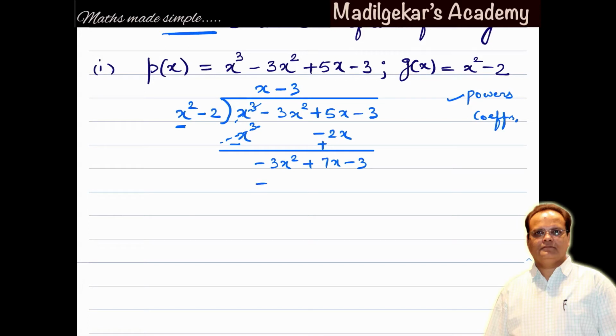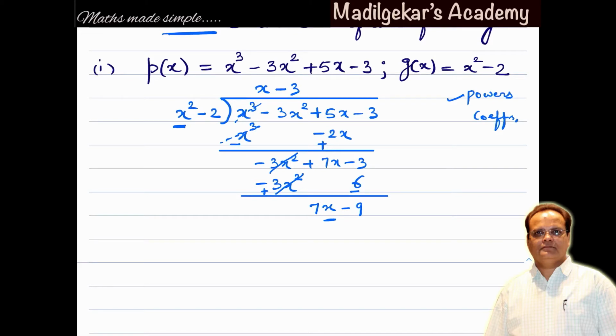So multiply the divisor by minus 3. So we get minus 3x square, minus 2 into minus 3 is 6. Change the signs. Now here 3x square gets cancelled. 7x, minus 3 minus 6 is minus 9. Now again compare the powers of dividend and divisor. Here the power is 1, which is less than the power of the divisor.